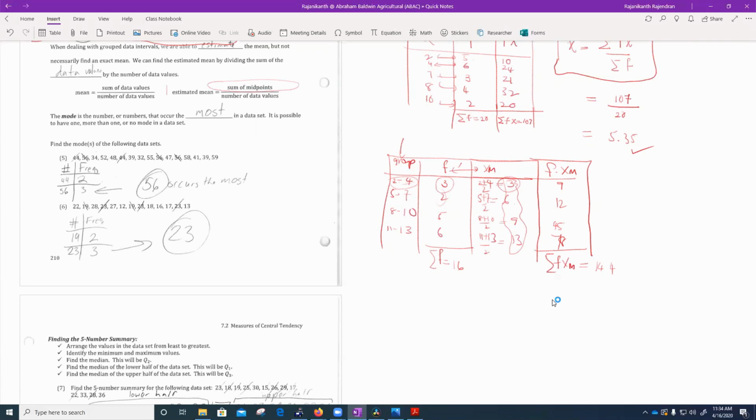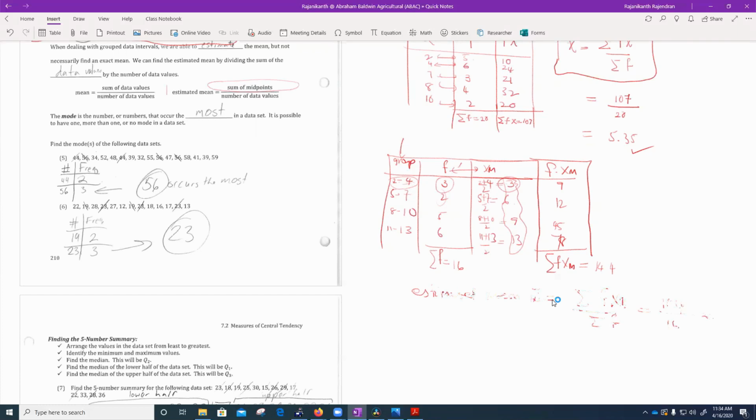Now what is my estimated mean? Now you are getting the estimated mean. I'm using x bar again. The formula says that is the summation of f times xm, divided by the summation of f. So that is 144 divided by 16.